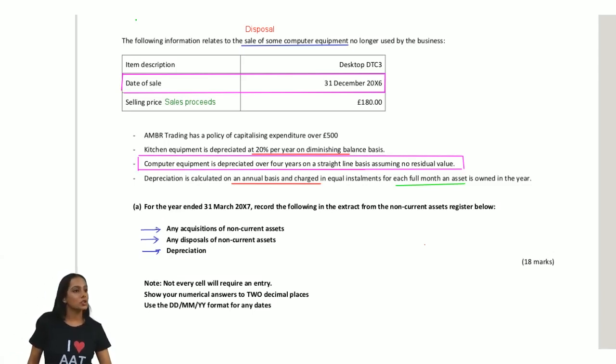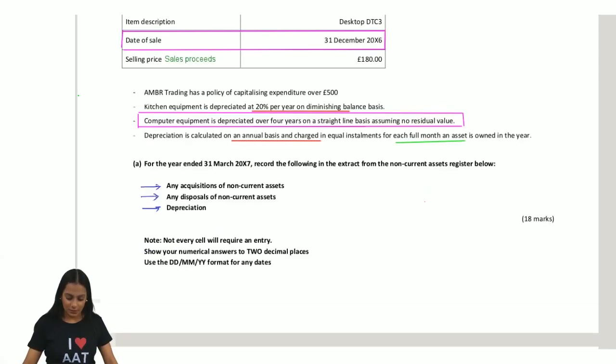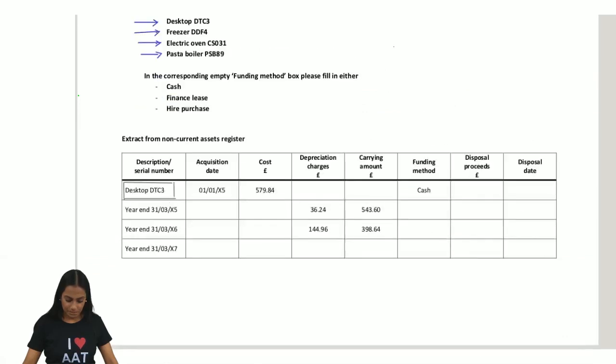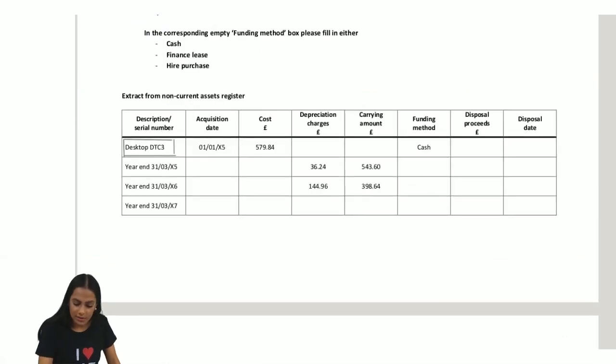Now that we're doing a straight line depreciation basis, you should know from your studies that straight line is based on the asset's cost, whereas reducing balance basis is based on the asset's net book value at each year's start. So, if we have the cost of the desktop, let me just remind myself of what that is. There we go. The cost is a beautiful 579.84.